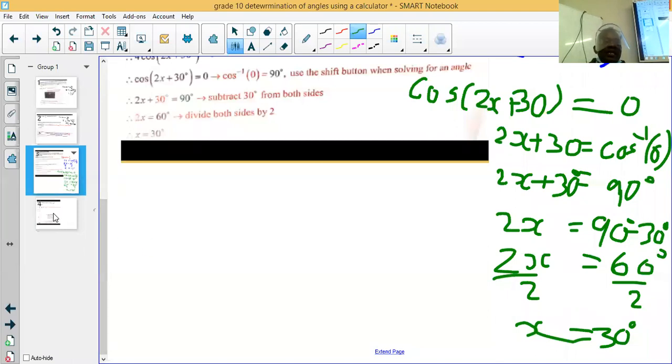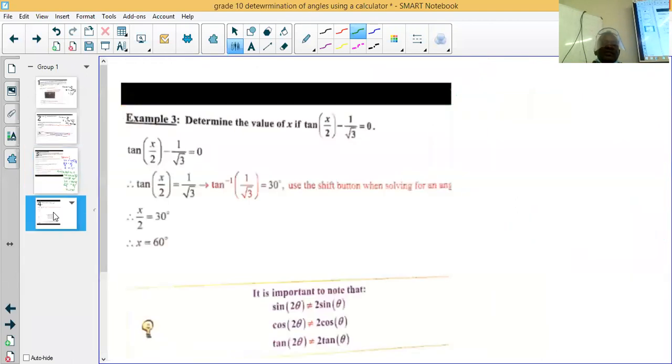Right? Now let us go on to the next one. What do we have on this other example? Determine the value. We looked at sine, we looked at cosine, now we're looking at tangent, right? You are supposed to find the numerical value of x if tan x over 2 minus 1 over root 3 is equal to 0, right?